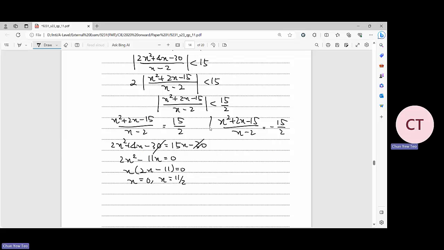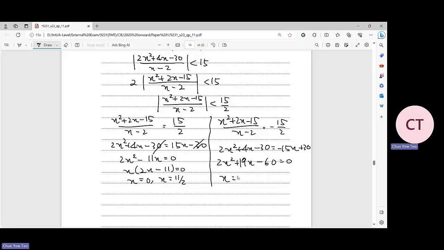Then for this portion, you have 2x squared plus 2x minus 15 equal to negative 15x plus 30. Then 4x minus 30. So you have 2x squared plus 19x minus 60 equal to 0.